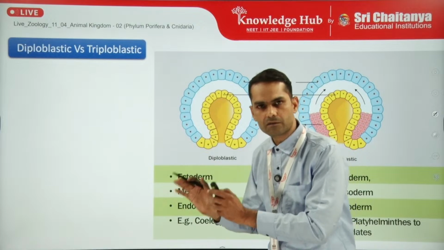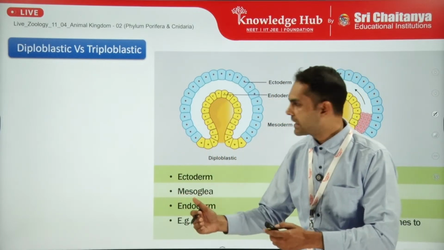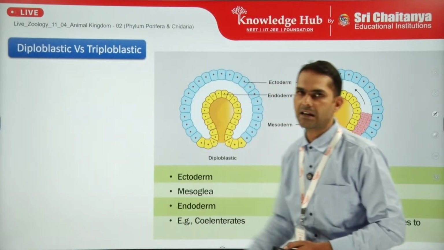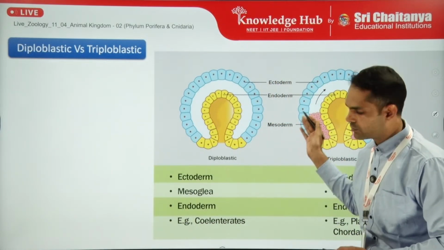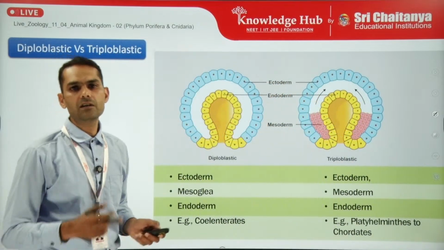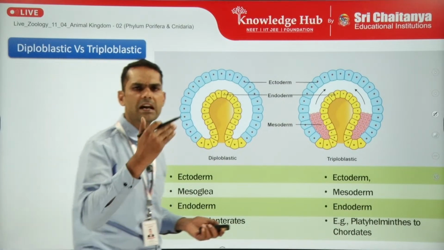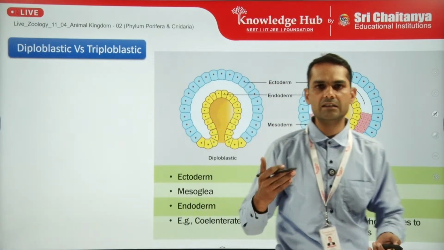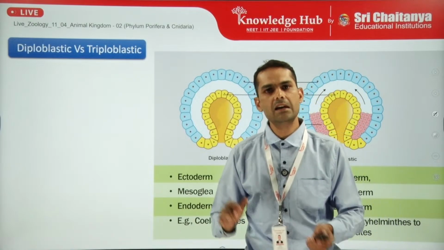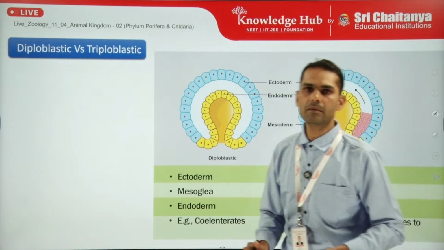So on the basis of the presence of three germ layers, many organisms are categorized into either diploblastic and the rest are categorized into the triploblastic. Diploblastic are those organisms which are having two germ layers, that is ectoderm and endoderm. So the invertebrates, lower organisms are usually diploblastic. They are only having two germ layers, ectoderm as well as endoderm.